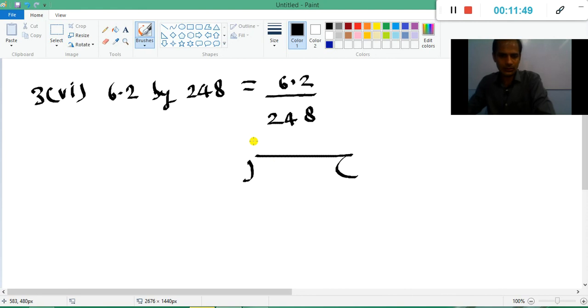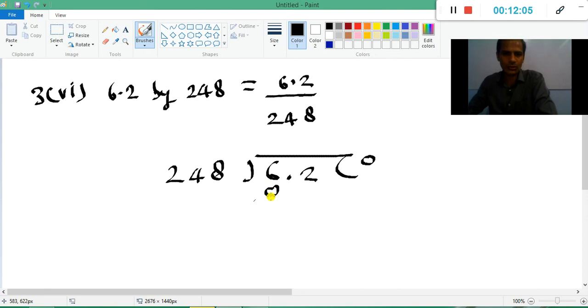Focus at the board and listen carefully. This is 6.2 and it is 248. Okay, first of all we will divide 6. Okay, now 6 is a smaller number, so we will write 0.